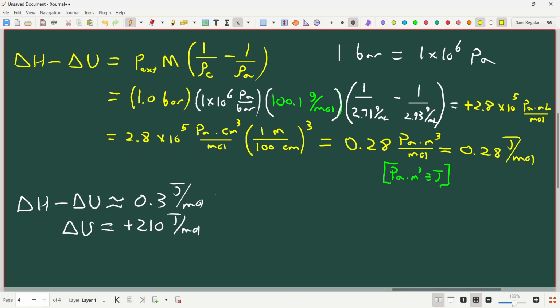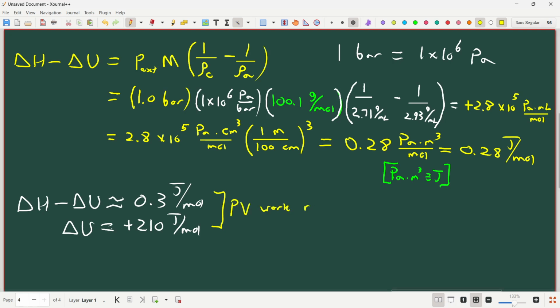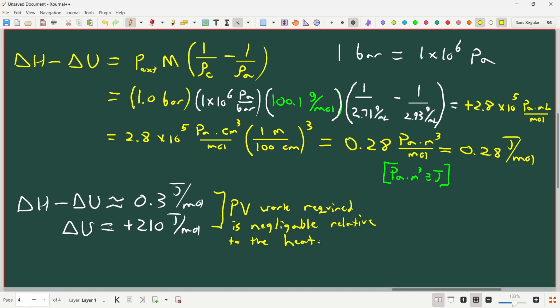So what does that say? Well, it says here that the PV work required is negligible relative to the heat requirements. There's only 0.3 joules a mole needed to do the work to change the physical space of the crystal. And so all the rest of the energy change has to be entirely heat.